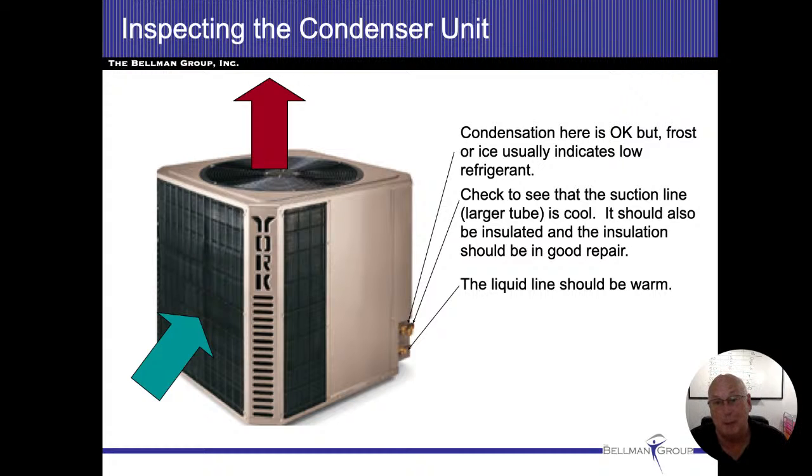Testo makes a great temperature reading system. So as we're looking at the condenser unit or the compressor cabinet, again, it's the same thing, just different words. On the bottom there, we see the refrigerant line connections, so the thicker line and the heated line.